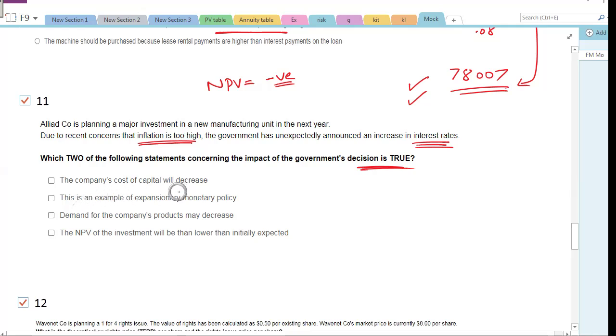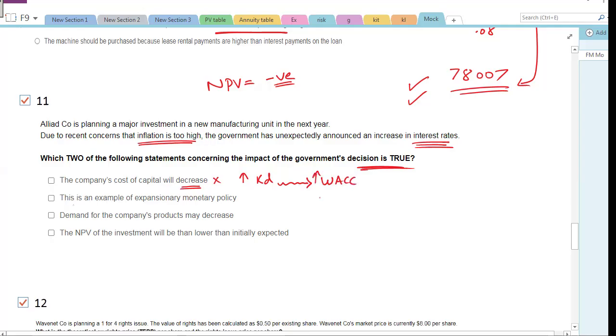The company's cost of capital will decrease, right? This is wrong. Remember, when the interest rate is increased, it means that our cost of debt will increase. And when the cost of debt increases, it means that our cost of capital will also increase.